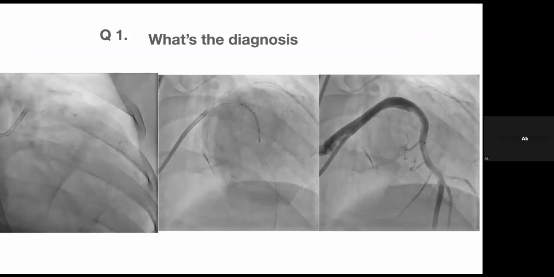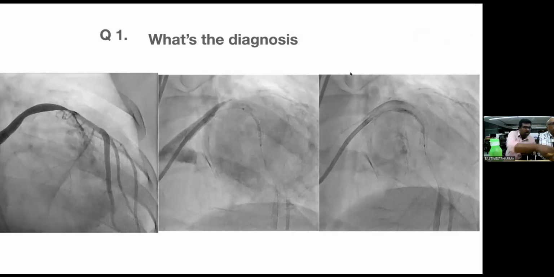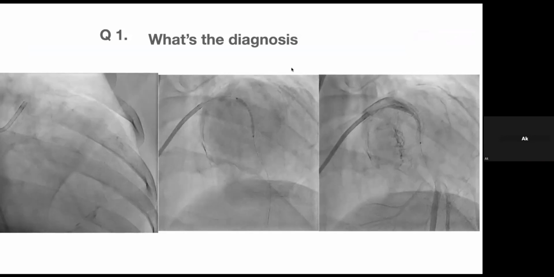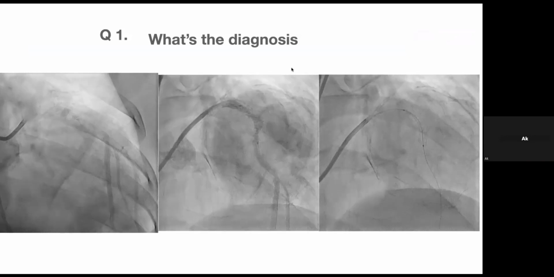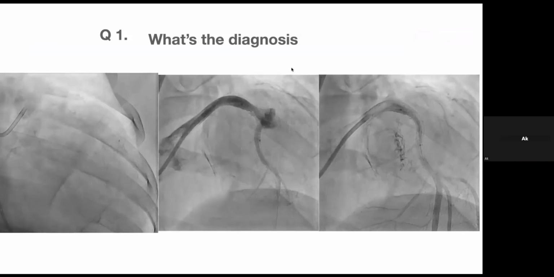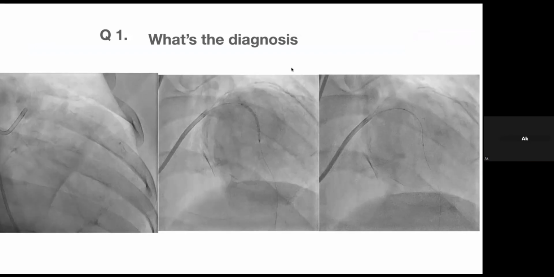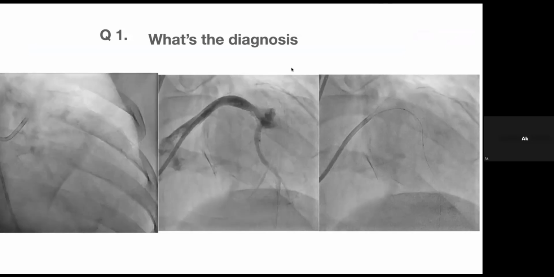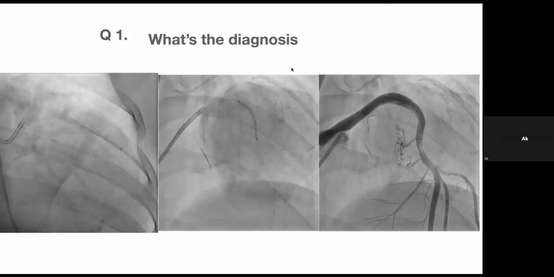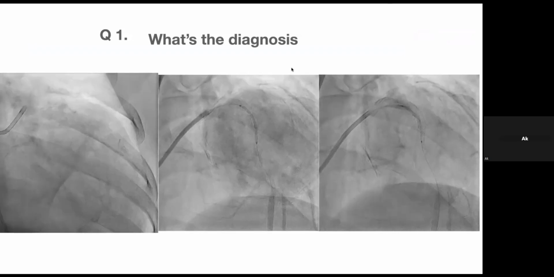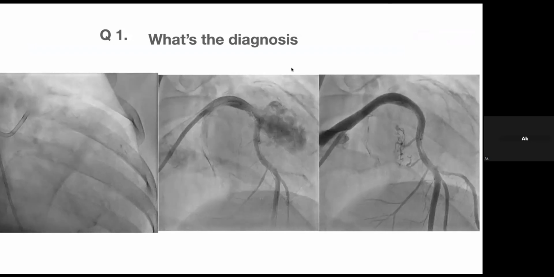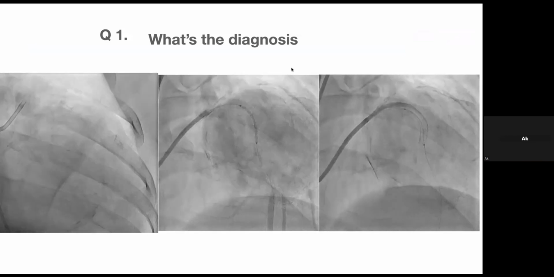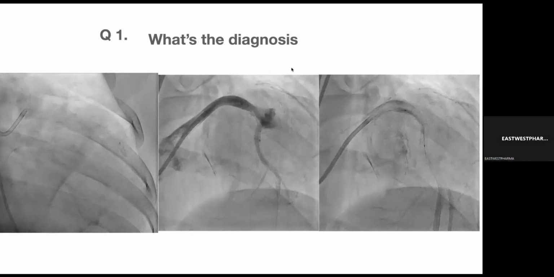Doctors can start responding. Doctor, start responding, doctor.